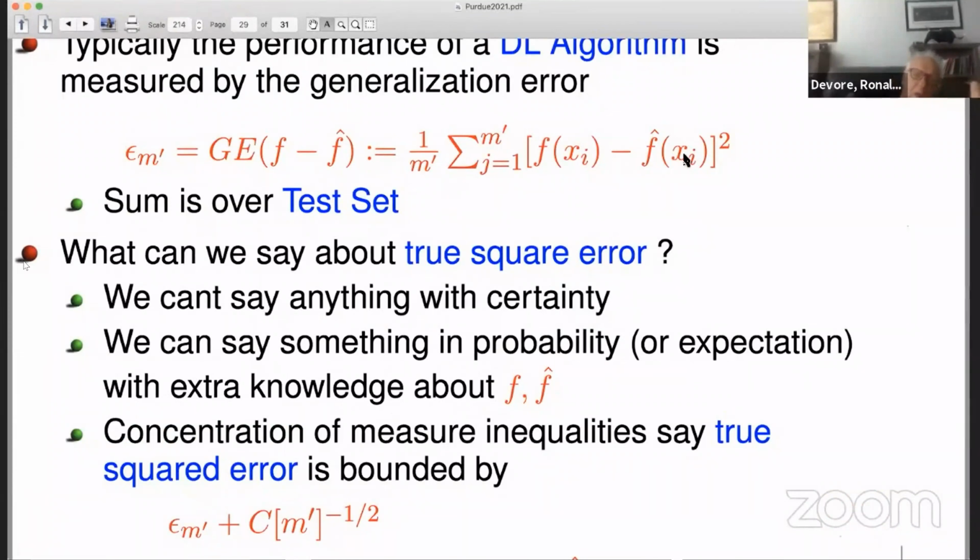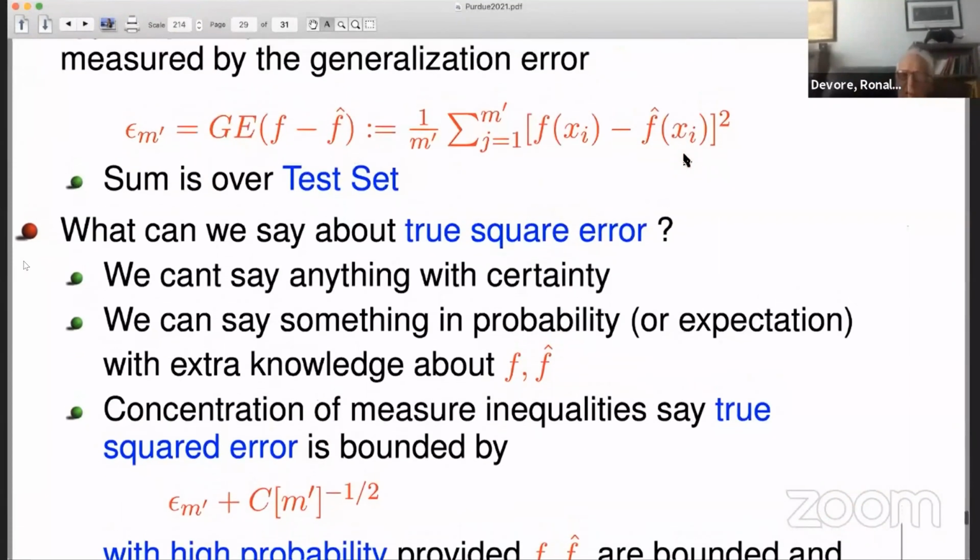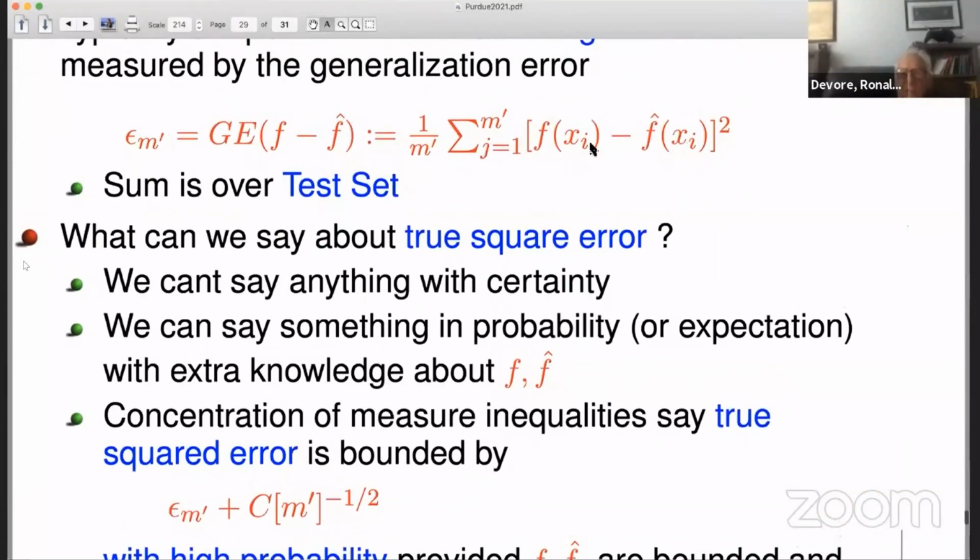Now, you may say, well, I'll say something in terms of expected error, that even though the quantity I've computed, I can't guarantee that the true error is bounded by this quantity or anything related to it, maybe I can say something about that with high probability on the draw that this would be the case.